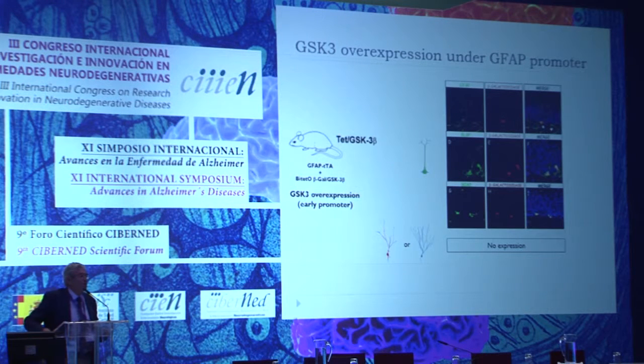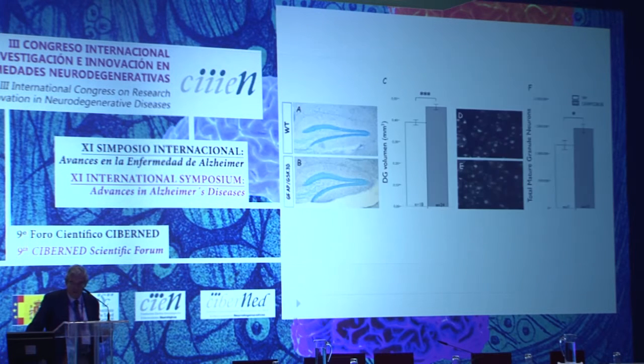What happens when we use the other promoter, the one that is expressed early in the stem cells? In this case, we found that it is expressed in the stem cells, and the consequences are the opposite. We have a larger dentate gyrus, and the mice show better memory using different paradigms. Then the conclusion.